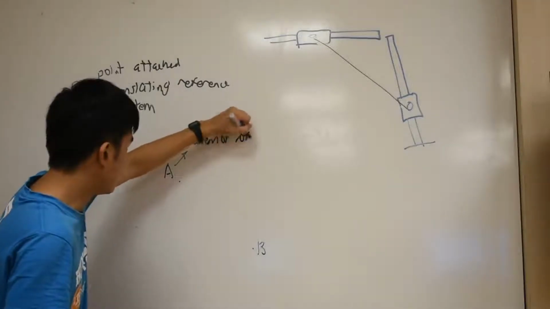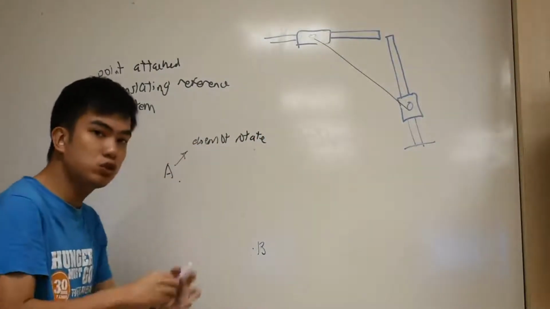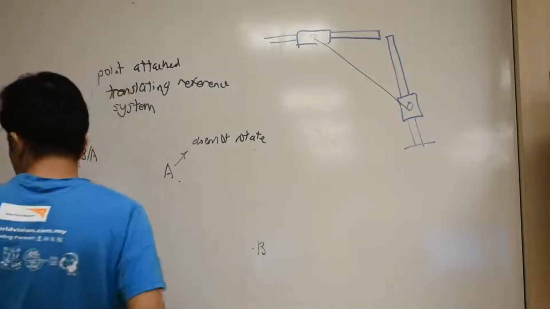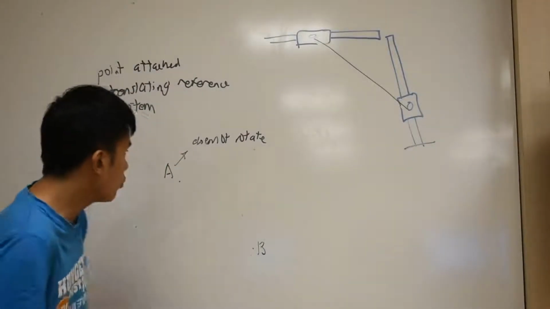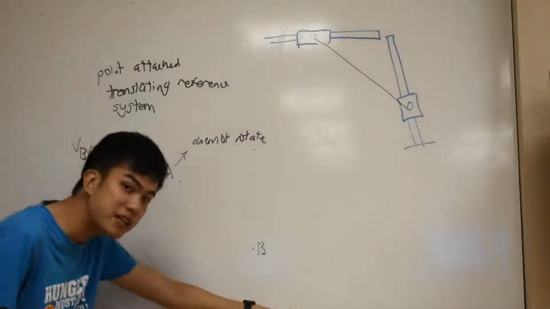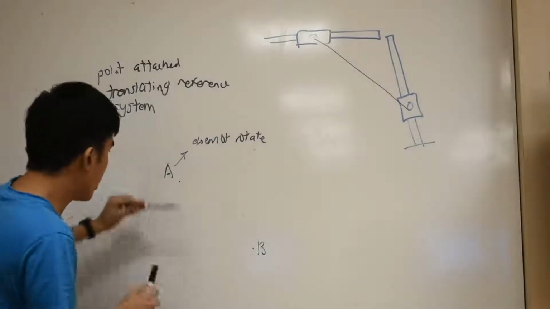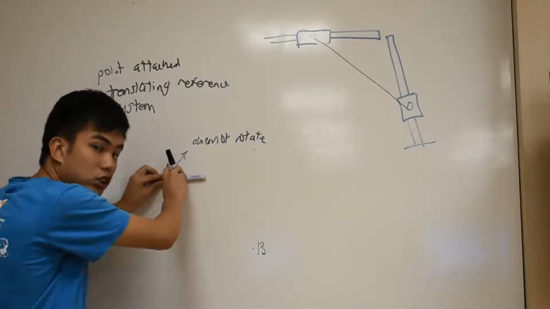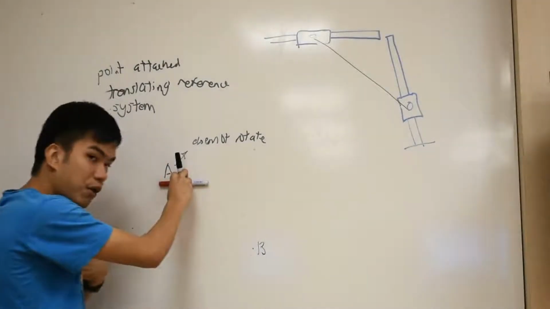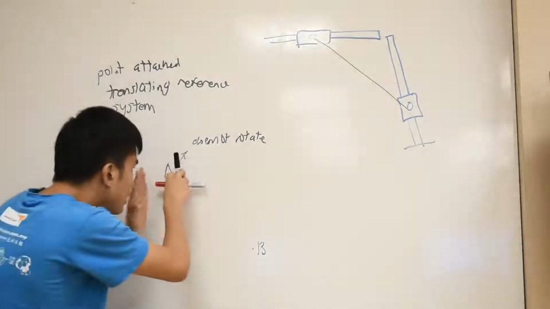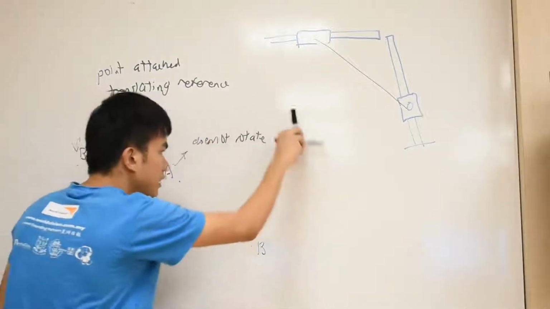Meaning, if we define A as a point attached translating reference system, when we view the motion of B from A we will have 2 axes, namely Y and X, which only move in our perspective, staying constantly upright and horizontal in this case.